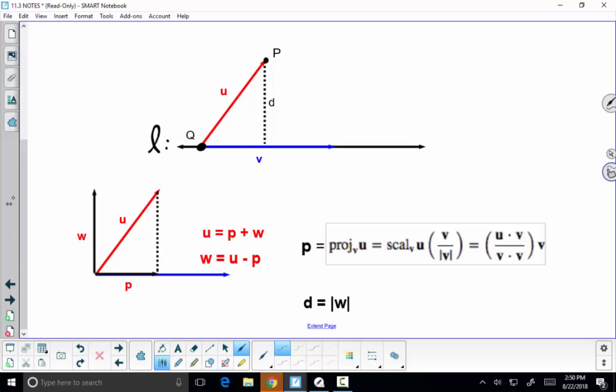So we can then form this displacement vector from Q to P, call it U. So line, point P off of the line, point Q is on the line, form that displacement vector. What we see is that D is that distance right there, but isn't that the length of P perp? That's going to be the length of P perp.